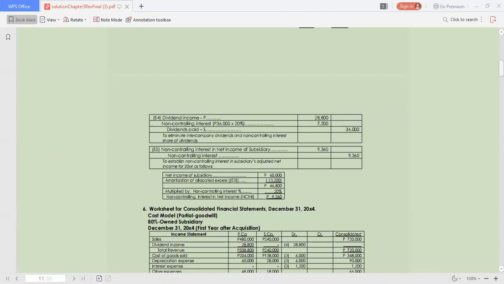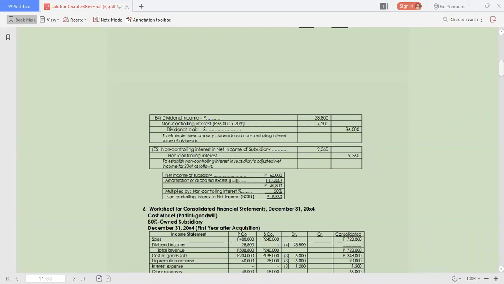Now we multiply the difference by 20%. We have the non-controlling interest in the income of the subsidiary. Now we have 9,360. That's the non-controlling interest in net income of subsidiary.